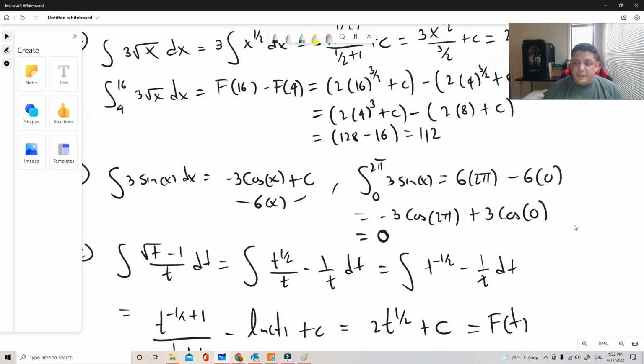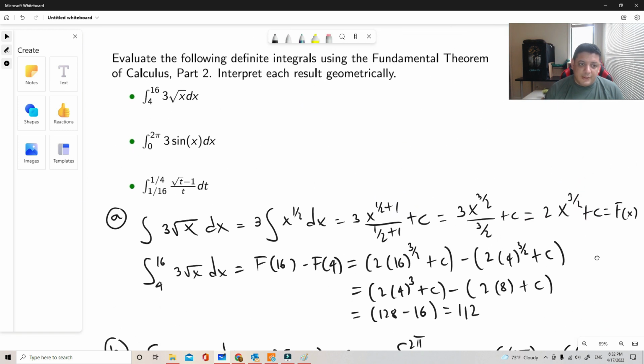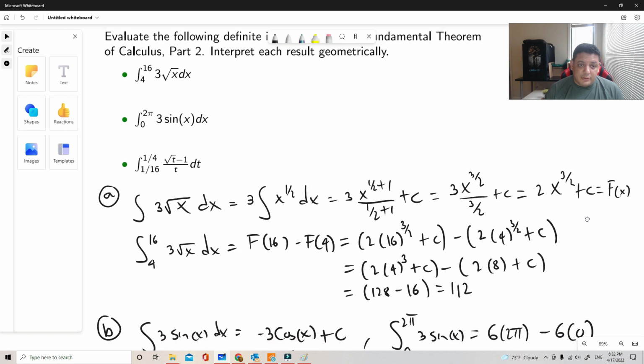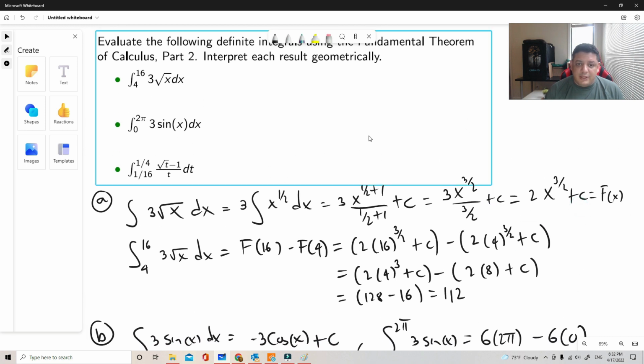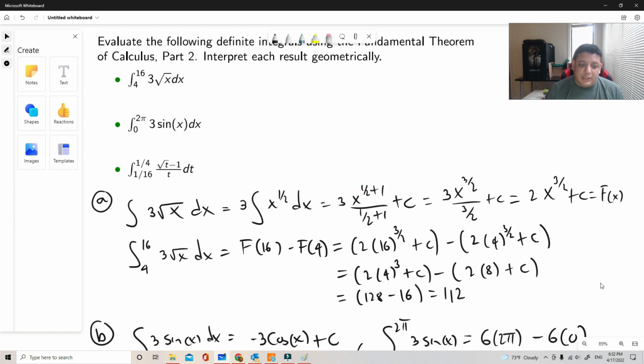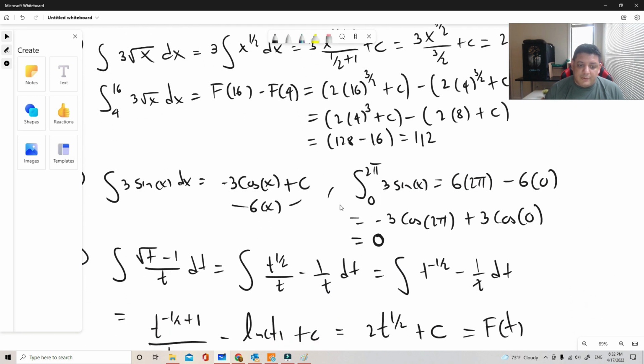So now this is the end of the basic examples of what we can do with the fundamental calculus theorem. Of course, if we take a look at this and resolve the results geometrically, we can think of this as having a positive area, and in the sine example we're going to have a negative area and a positive area that cancel each other, and so that's why the integral is 0.